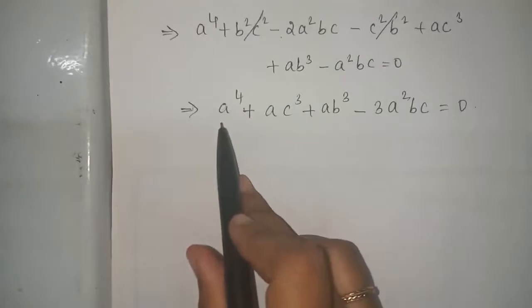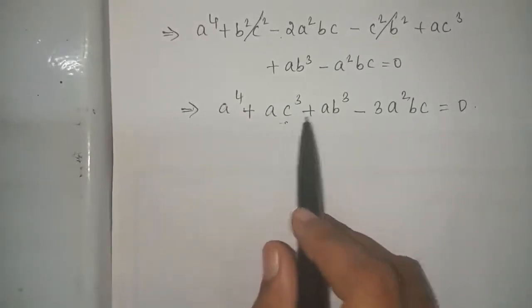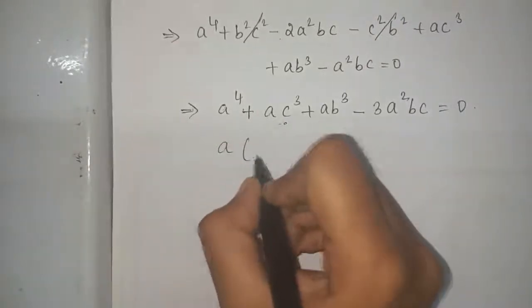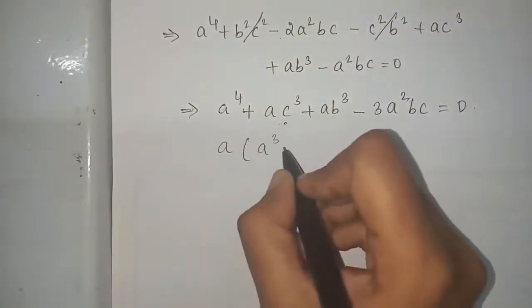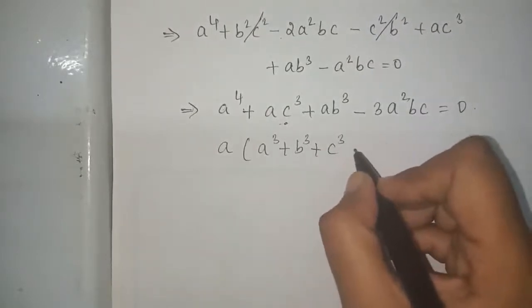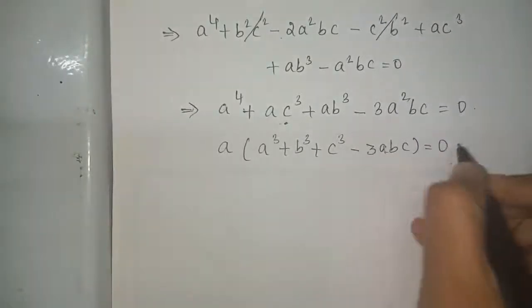So in this term you have a. In this term also you have a. In this term also you have a. So you are taking a common out. The remaining term will be a cube plus b cube plus c cube minus 3abc is equal to 0.